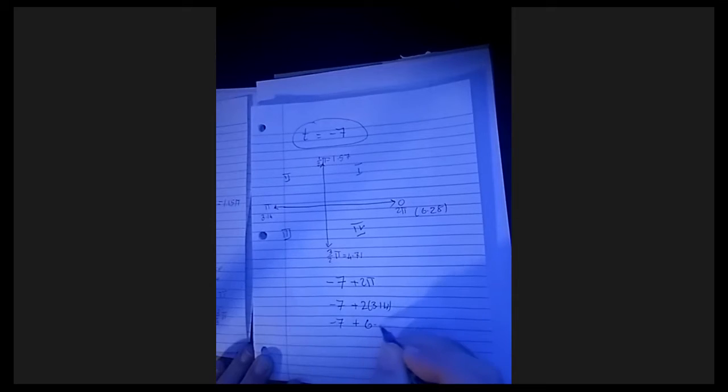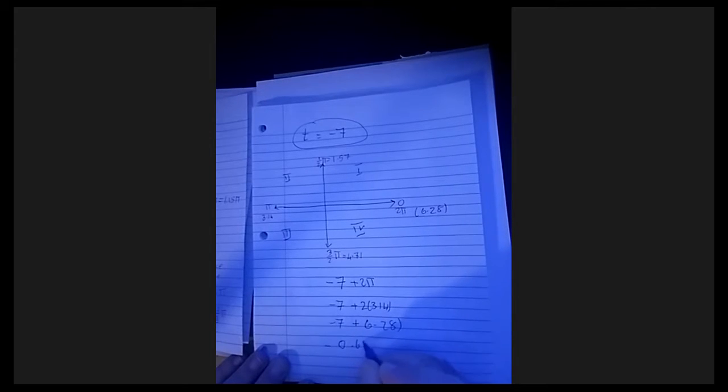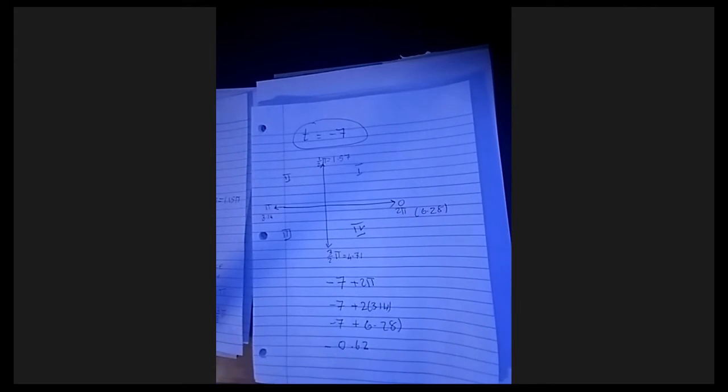Okay, so I'll try and add 2 pi to it. Well, -7, add 2 lots of 3.14 is -7 plus 6.28, which ends up being -0.62, roughly.